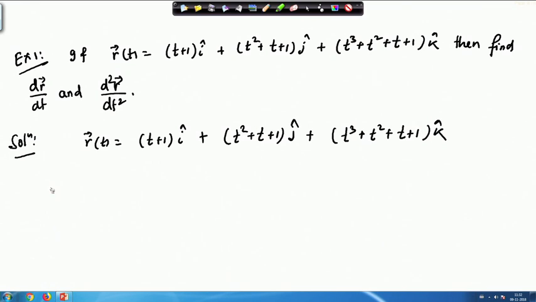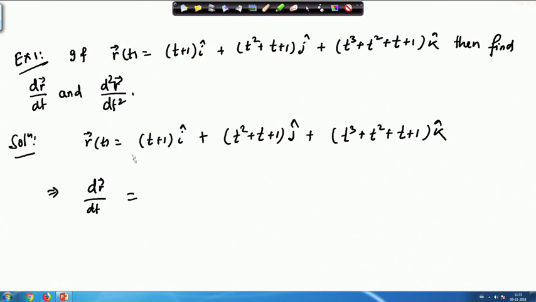Now, we have to find dr/dt. When we study applications of vector calculus, we will get to know what dr/dt means, and similarly what d square r by dt square means. But so far, we will just stick to the basic calculation of dr/dt and d square r by dt square. This is just differentiation component-wise with respect to t.